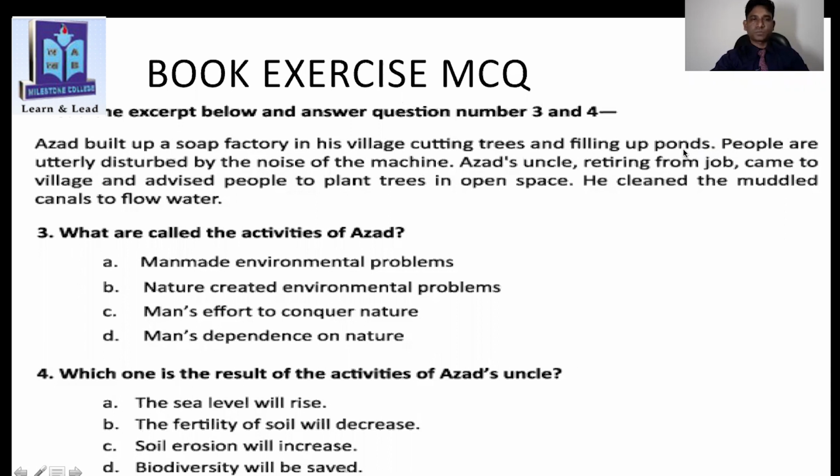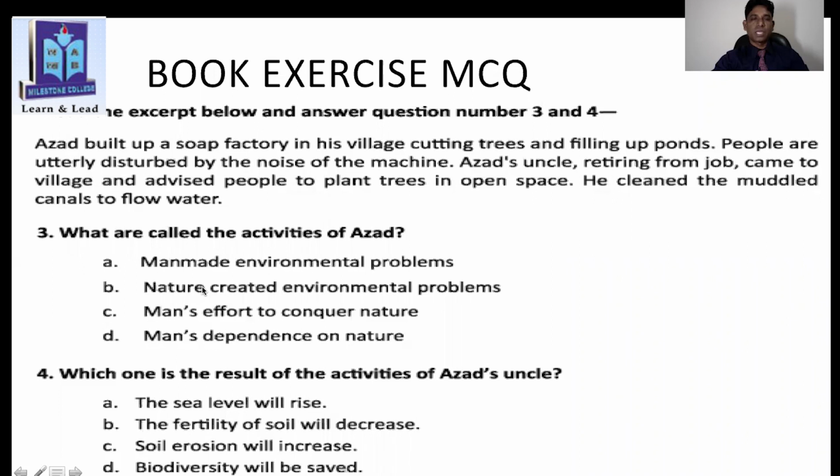People are utterly disturbed by the noise of the machines. Azad's uncle, retiring from his job, came to the village and advised people to plant trees in open spaces. He cleaned the muddy canals to let water flow.